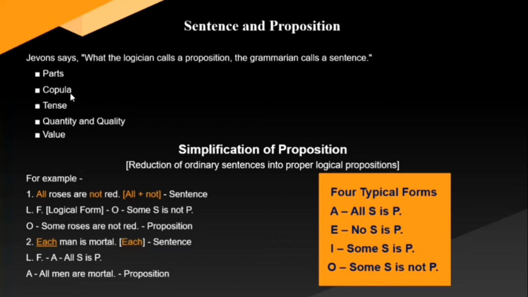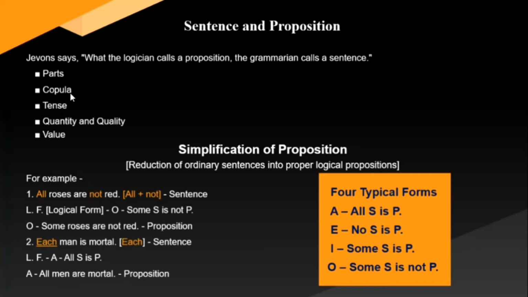A proposition is the statement of a certain relation between two terms, and this relation is expressed by the copula. There are three parts in a proposition. Copula establishes the relation of agreement or disagreement between two terms of a proposition.